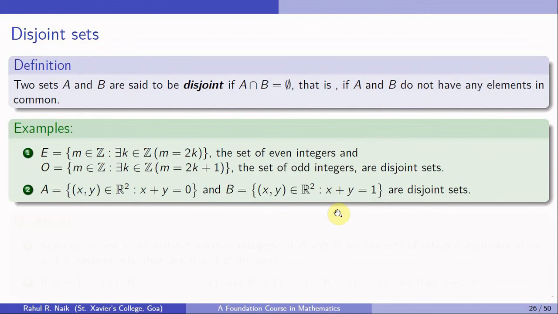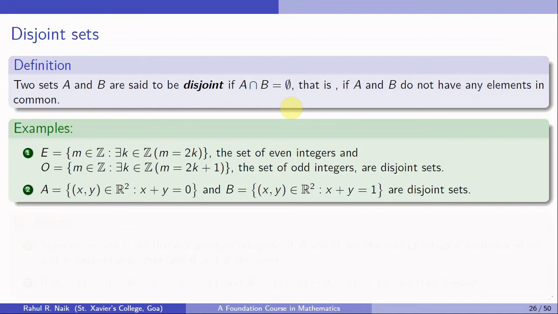Basically, when we want to show that two sets are disjoint, we prove it using contradiction. We assume that there is at least one common element, and at the end we get a contradiction to the assumption itself, proving that our assumption is wrong. So that is the typical way of showing that something is disjoint.